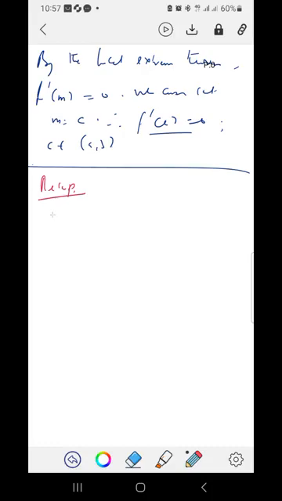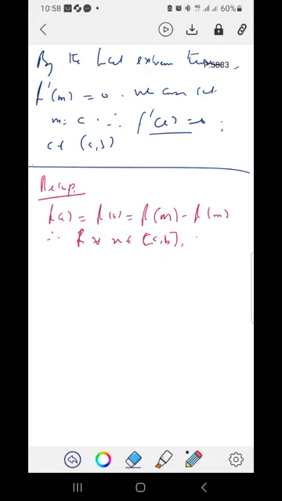When f(a) is equal to f(b) equals f(M) equals f(m), that is, for all x that is in the interval (a, b), f(x) is the same value.